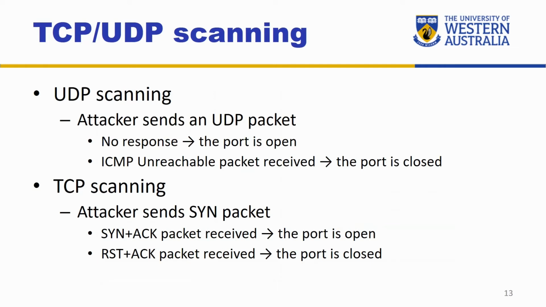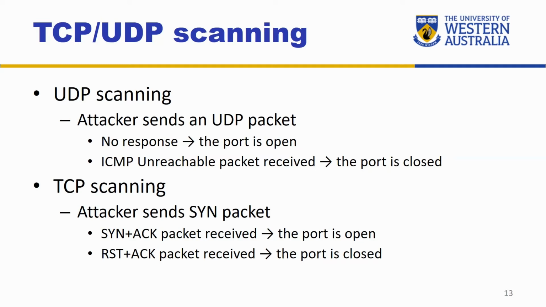Let's have a look at some other type of scanning, for instance, the TCP/UDP scanning. What the UDP scanning does is to send a UDP packet, and by design default, no response means the port is open.